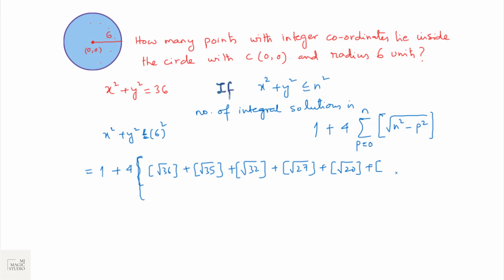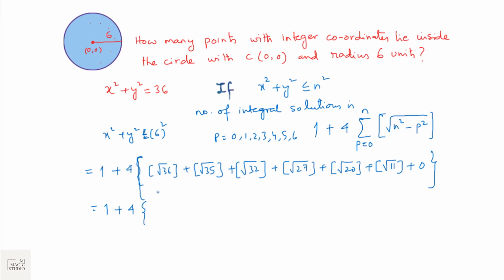Then 36 minus 25 would be 11. 36 minus 36 will be 0. We end there, because the value of p would be 0, 1, 2, 3, 4, 5 till 6, because n is 6. Now that is 1 plus 4 times.